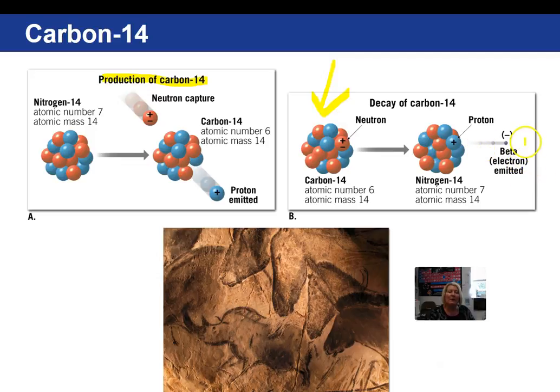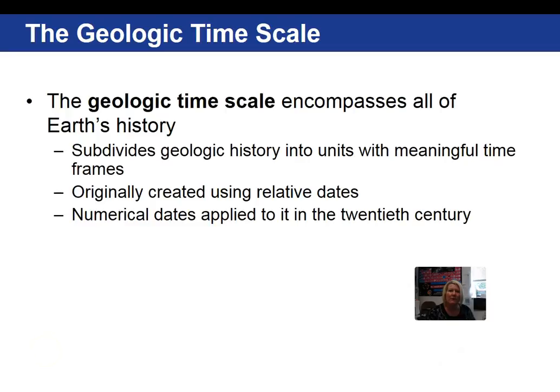So a beta particle is emitted. This picture is showing a drawing on a cave wall dated at 35,000 years old, and it was dated using the radiocarbon technique.